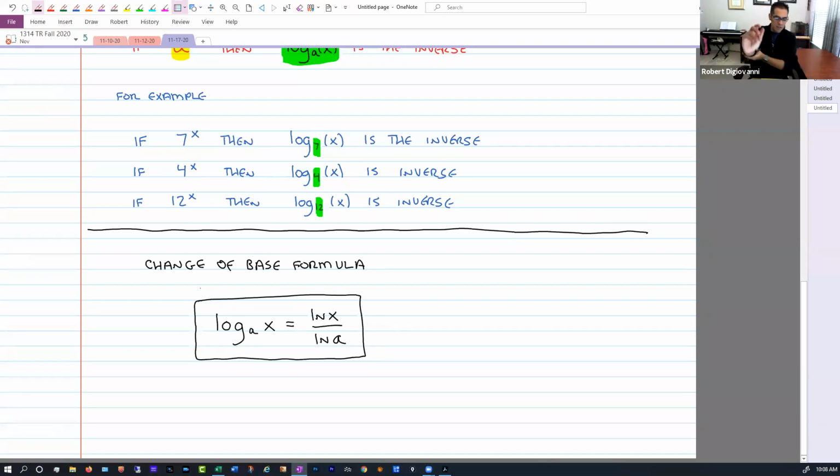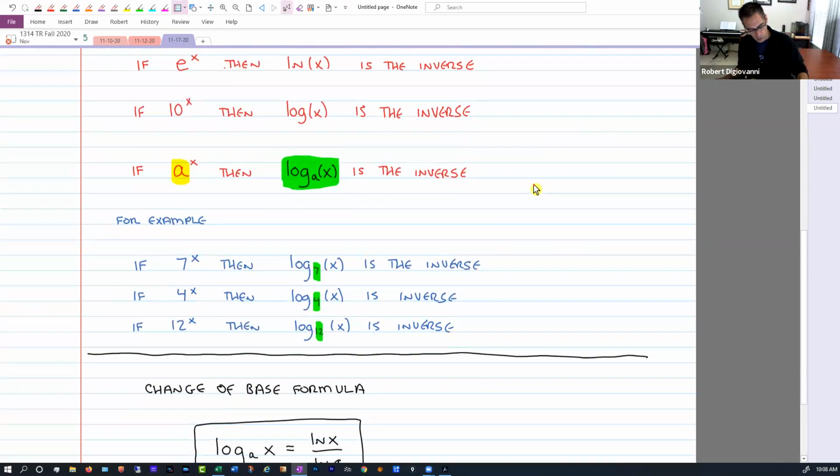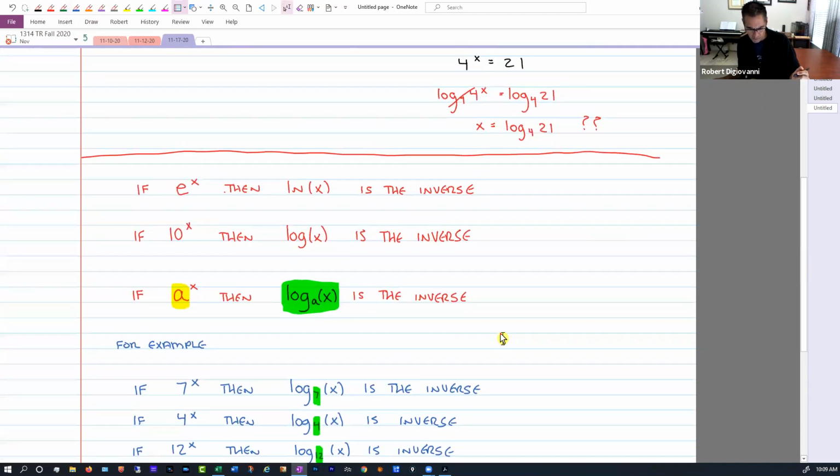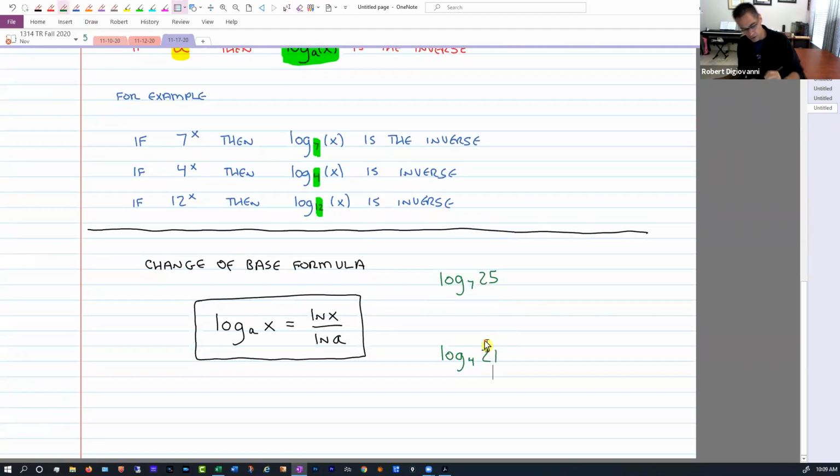Okay, so let's see what this is saying. Let me give you this with these examples up here. I'm going to bring these two down here. Where were we? We were stuck at this point, log base 7 of 25, and we were also stuck on the other one, which was log base 4 of 21. Those were the problems we were stuck on just a minute ago.